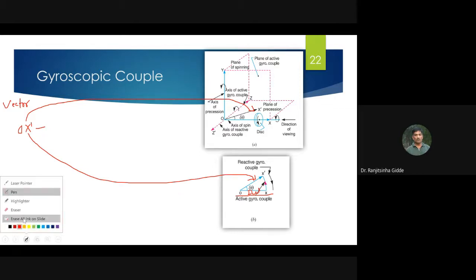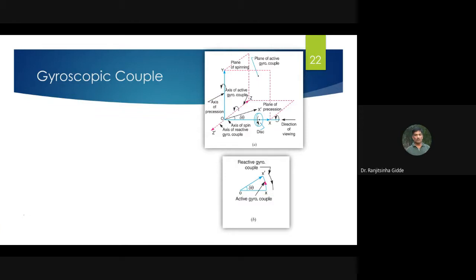Next line, write down. Let I is equal to mass moment of inertia in kg meter square.